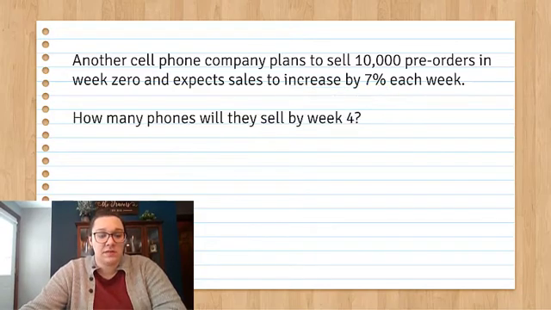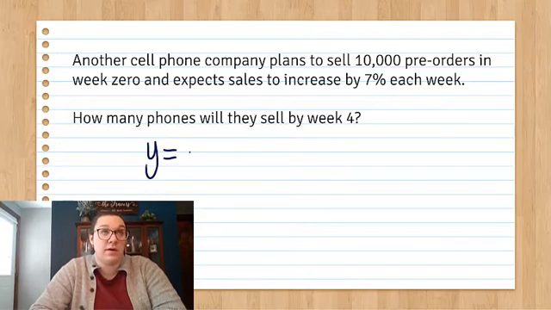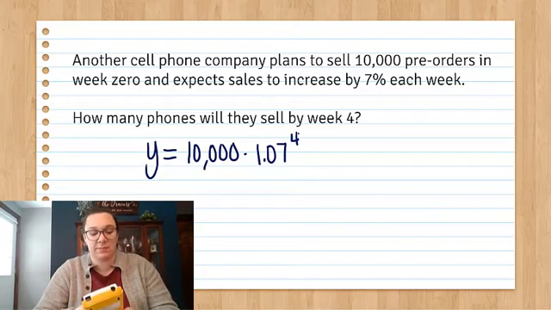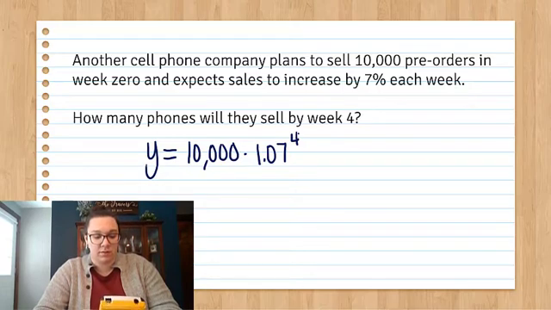I also want to know on this one how many they will sell by week 4. So in our case, we'd plug a 4 into the x. So y equals 10,000 times 1.07 to the 4, because we're going by weeks. Let me put this in my calculator. 10,000 times 1.07 to the 4th.